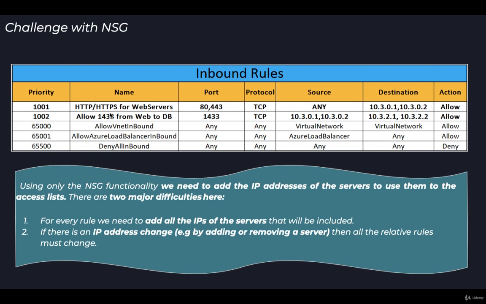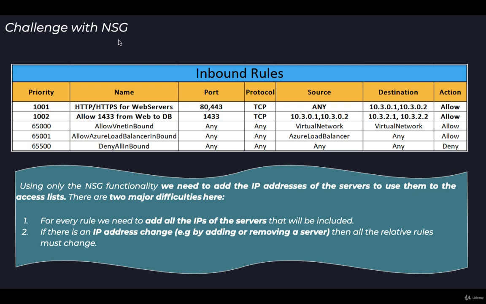If we need to allow HTTPS traffic for the web servers, we allow source any and then provide the IP addresses of those web servers. And if we allow the web servers to communicate to the DB, we allow this particular port, with the source being your web servers and the destination your database server IPs. This is how you generally allow traffic within the network security group.